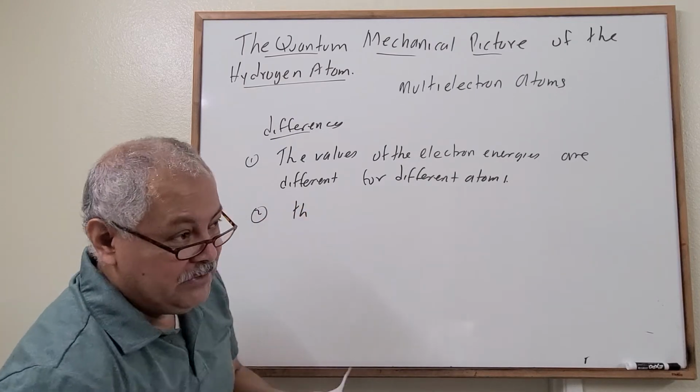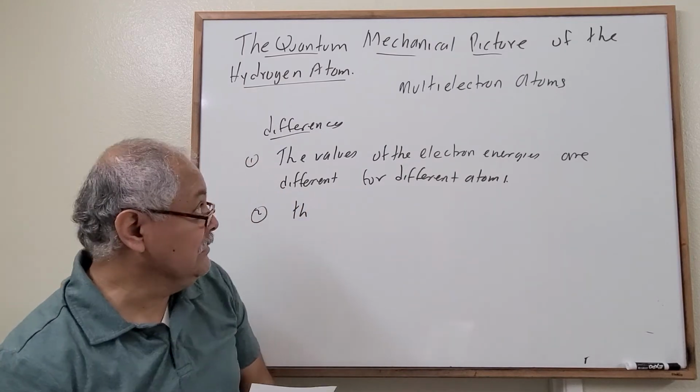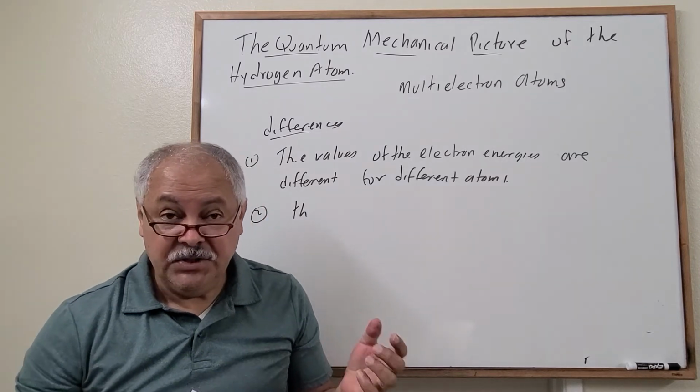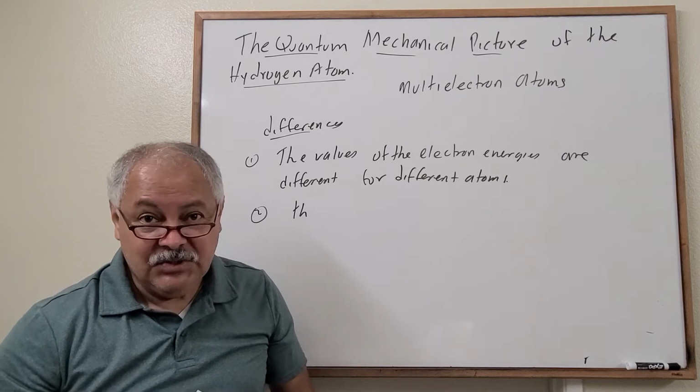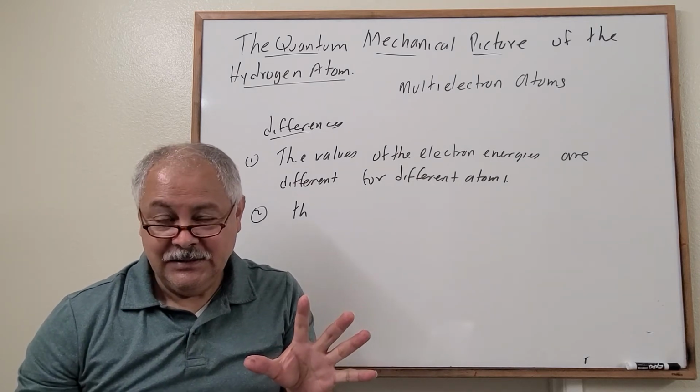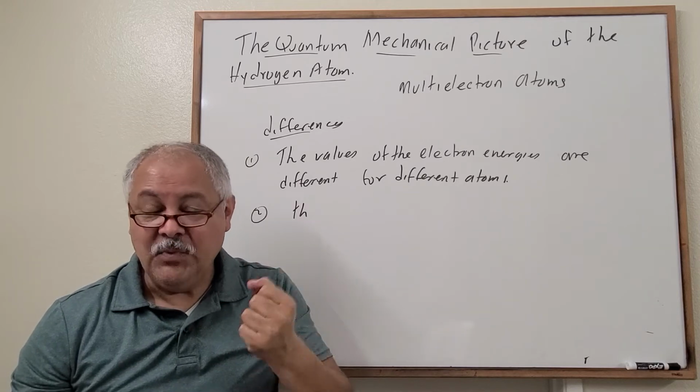When we're dealing with multi-electron atoms and we apply the Schrödinger equation, the electrons are represented as probabilities, as clouds of probability.